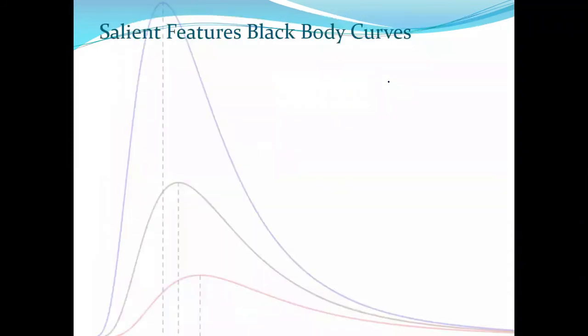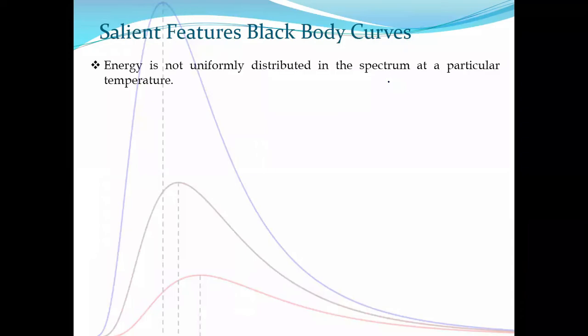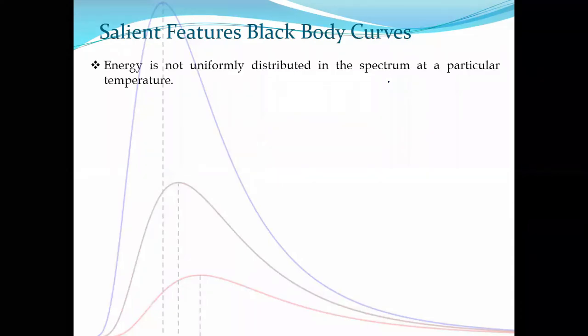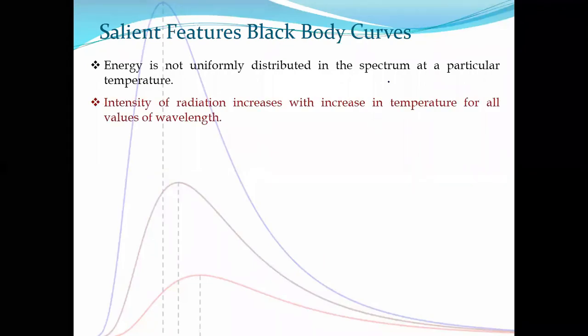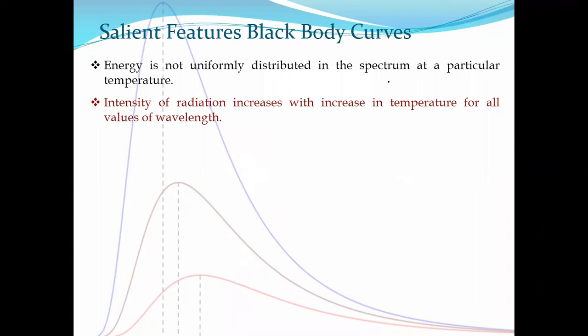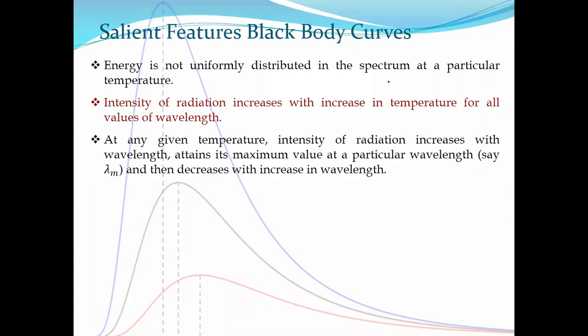So in short, what we have observed so far, first point, from the intensity spectrum, we have observed that energy is not uniformly distributed at a particular temperature. Rather, intensity of radiation increases with increasing temperature for all values of wavelength, and at a particular temperature, intensity increases with wavelength, attains a maximum, then decreases.